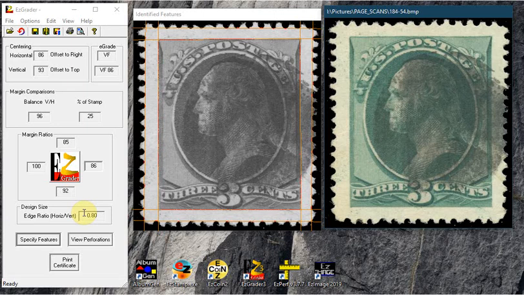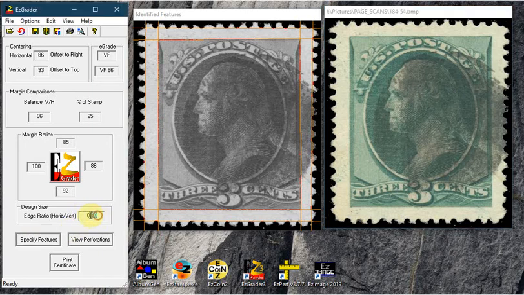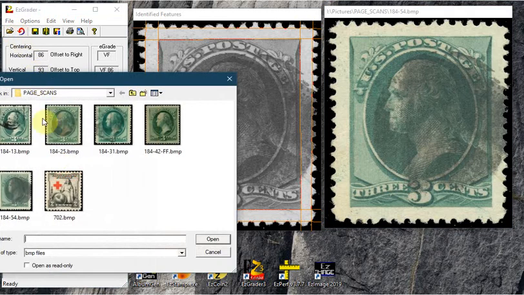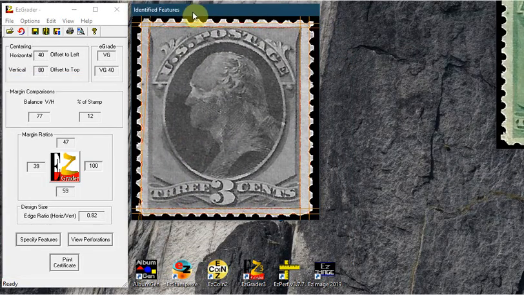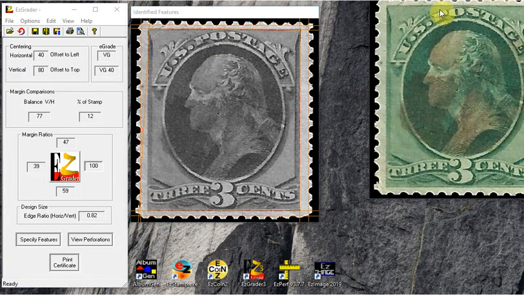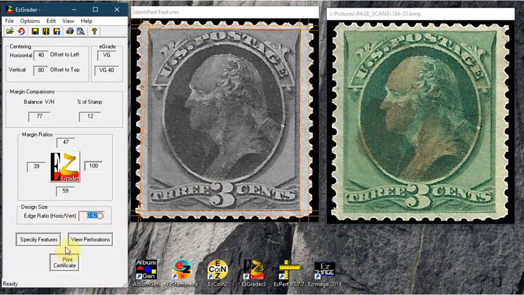All copies of the same stamp should have exactly the same edge ratio. Interpretation of the measurements is left to you to decide. In the 5 Scott numbers 184s that we measured, all had an edge ratio of 0.8. So here's the 0.8. I'll reload one of the other ones. Even though this stamp is not a jumbo, it still has a measurement of 0.8.